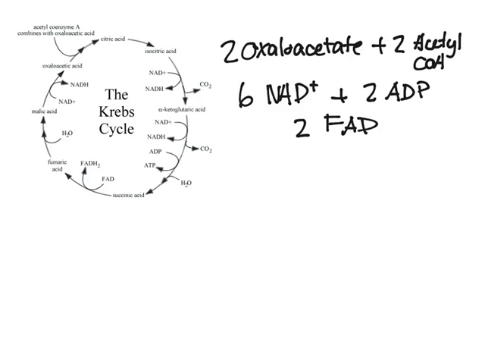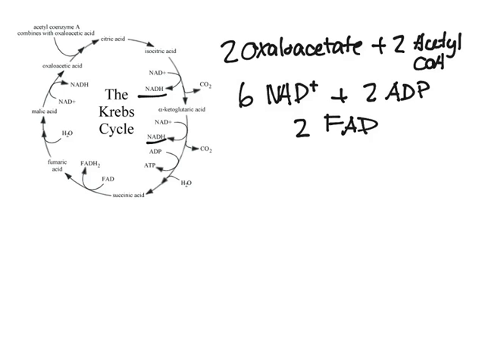Because remember, the cycle occurs twice, so therefore you use 3 NADs, and if it occurs twice, you'll need 6 of them for the cycle.